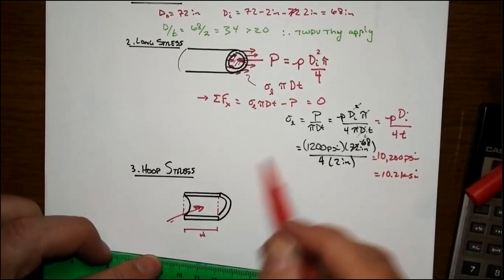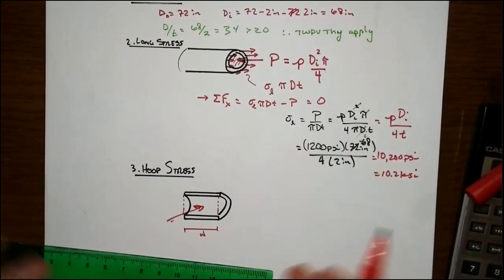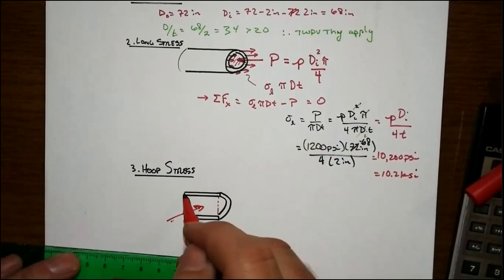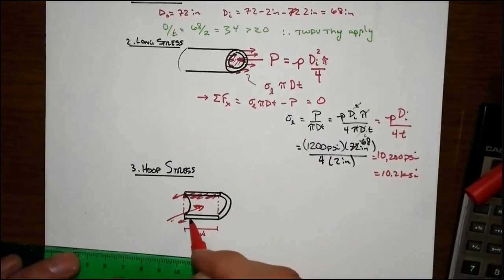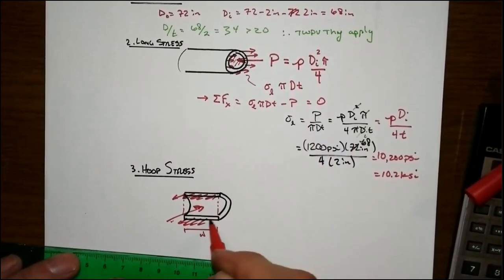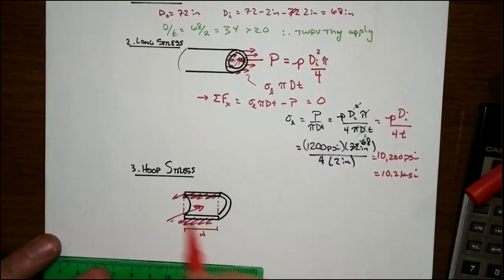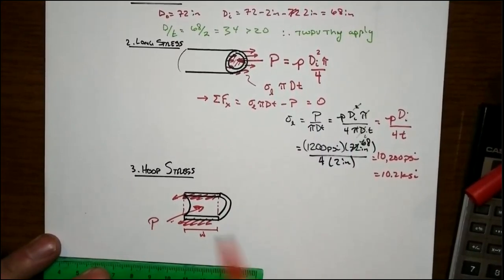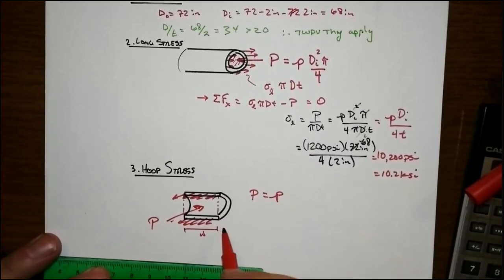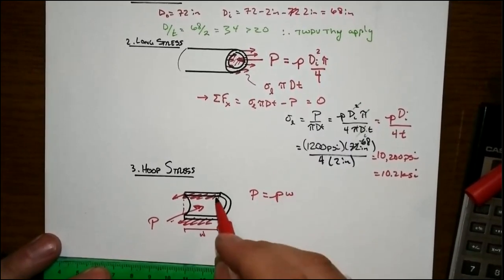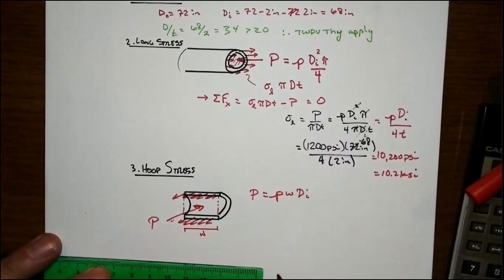Yes, on the sides too that we just looked at, but we're going to ignore that direction and focus only on what's happening as this thing is trying to blow apart, right? And so this big force P is going to be that internal pressure times this width times, once again, that internal diameter.